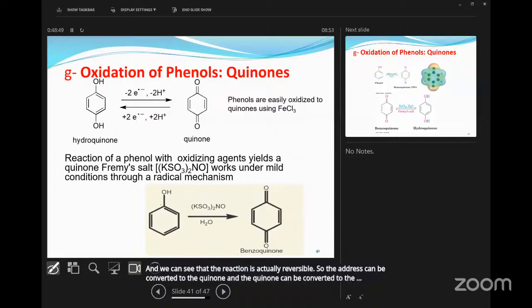And then the phenol can also be converted directly, without going through this process, to this benzoquinone, which is also a quinone. It can be converted by using this Fremy's salt, this reagent here. Then we have the benzoquinone directly from phenol.